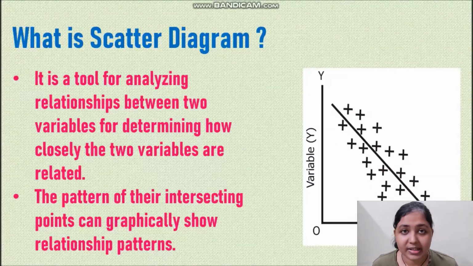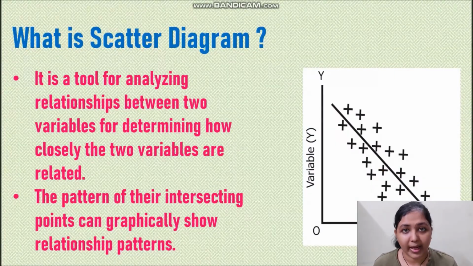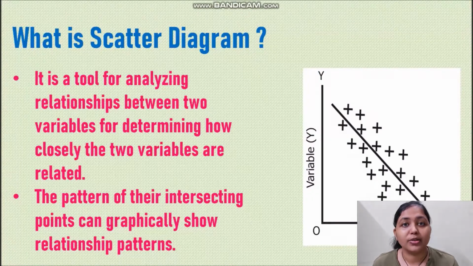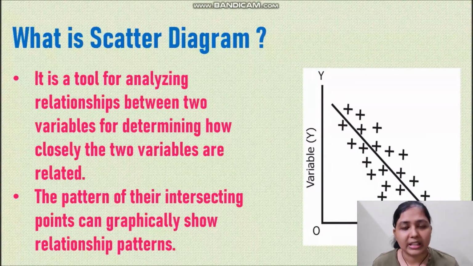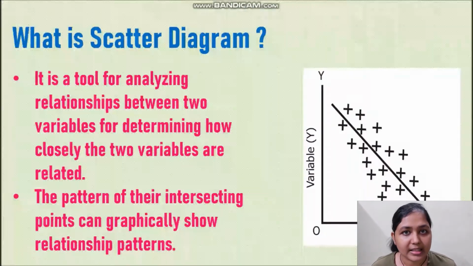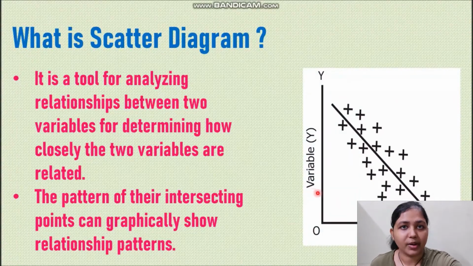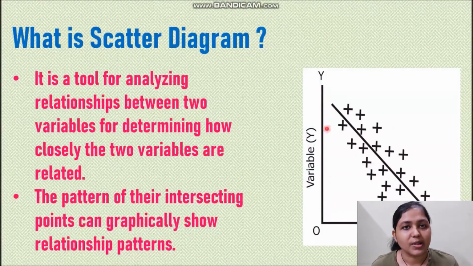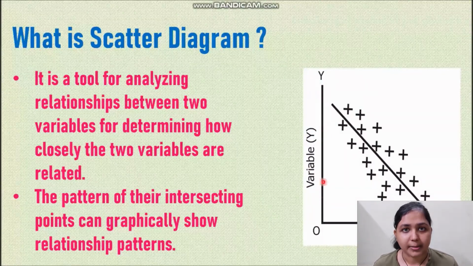It is not compulsory to use any numerical way. In this, one of the variables is plotted on the horizontal axis and the other one is plotted on the vertical axis. So this is what a scatter diagram means.